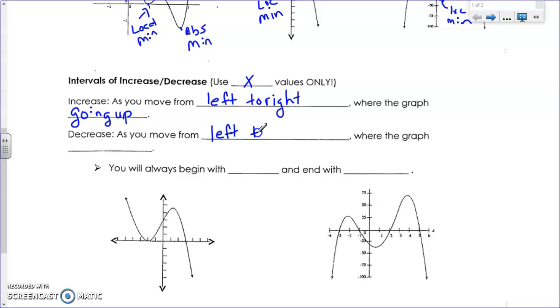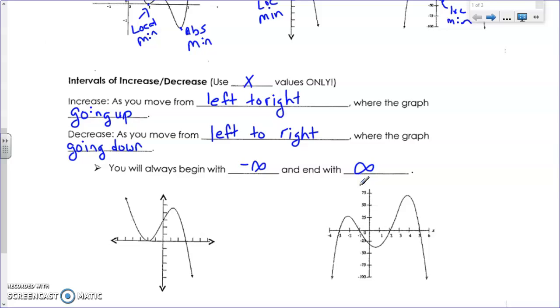Always left to right because we are looking at X. Where the graph is going down. You will always begin with negative infinity and end with positive infinity because you're going left to right.